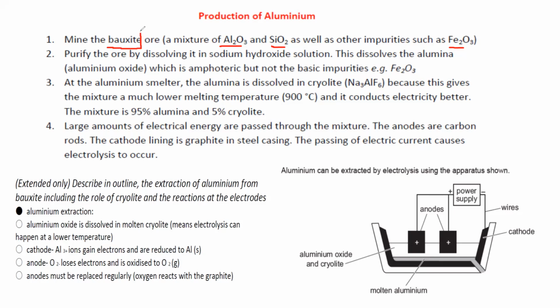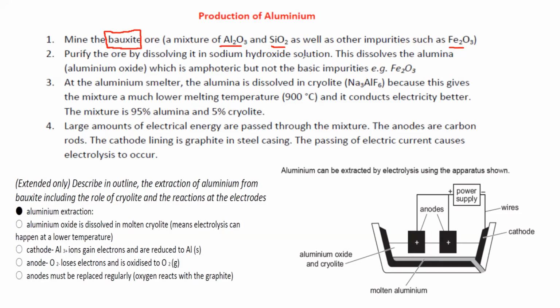So the ore of aluminium, you have to learn this name. What is the name for the ore of aluminium? That's known as bauxite. So bauxite is basically the ore of aluminium, which is aluminium oxide containing traces of silicon oxide and iron oxide. So first thing we have to do is remove the silicon oxide and iron oxide.